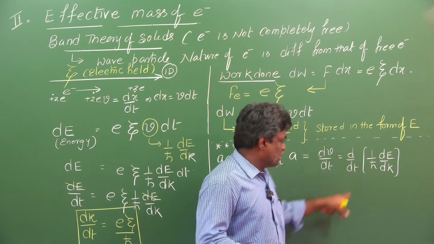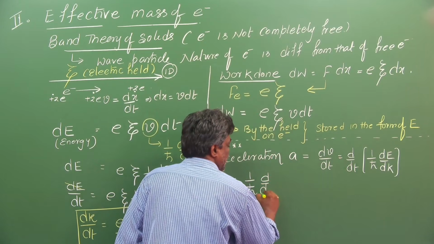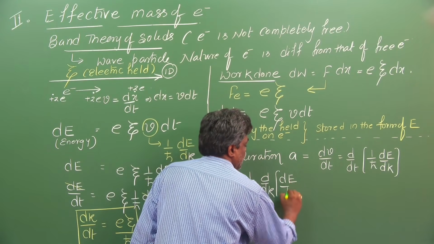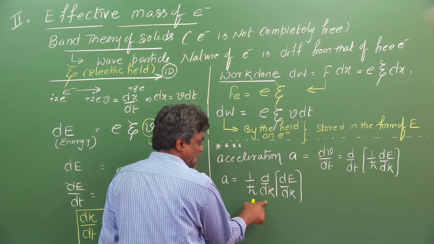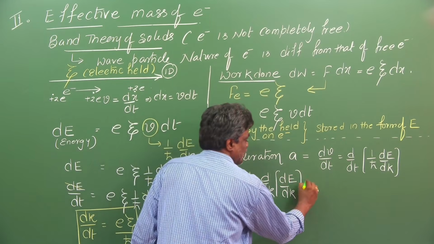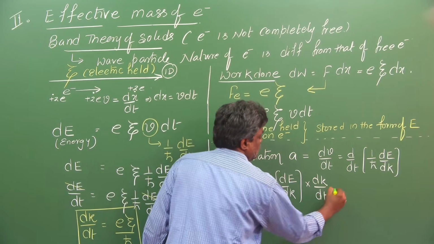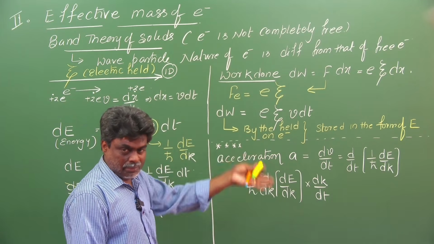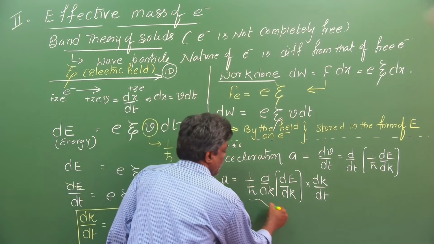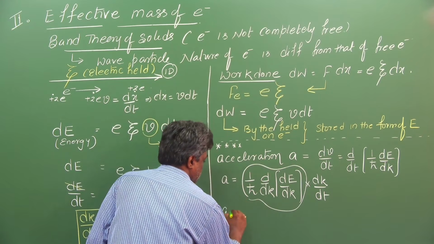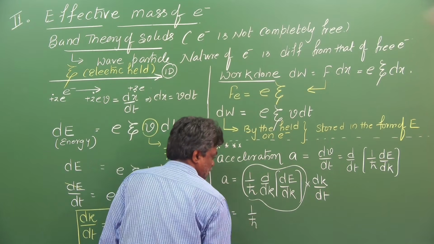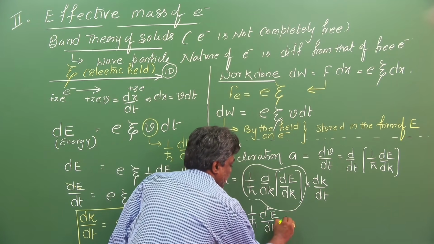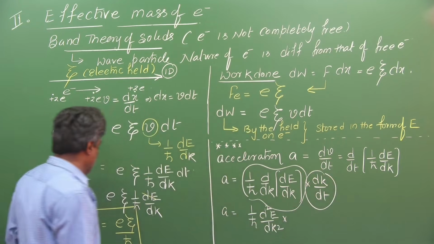So how to change this differentiation? d by dk, understand, using the chain rule: d by dk into dE by dk into dk by dt. I hope everybody understands this. a equal to 1 by h cross times d square E by dk square into dk by dt, already there.